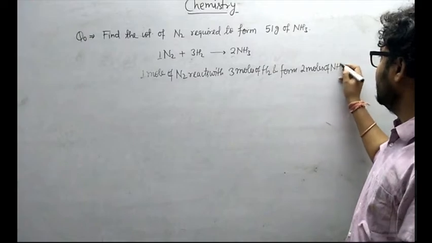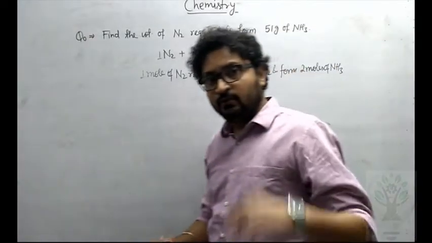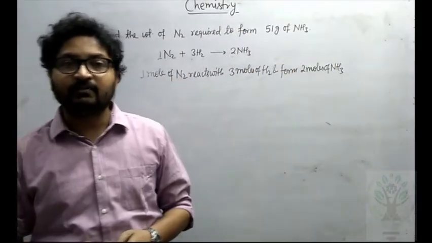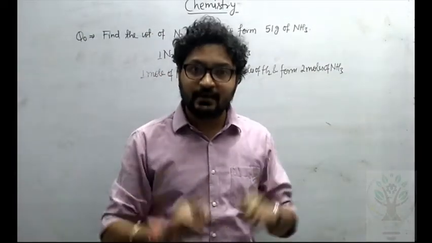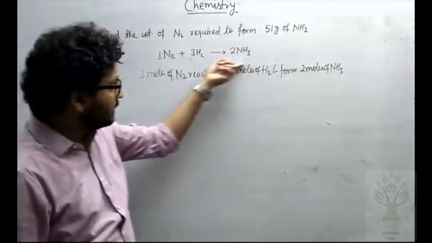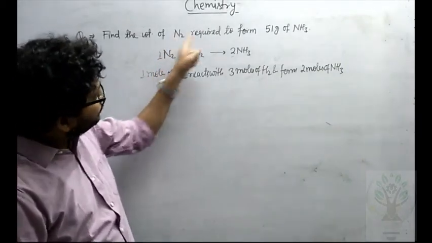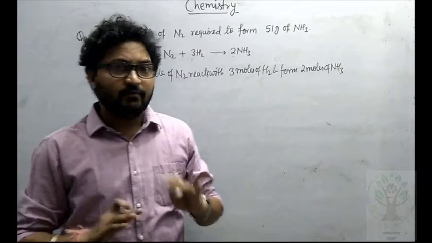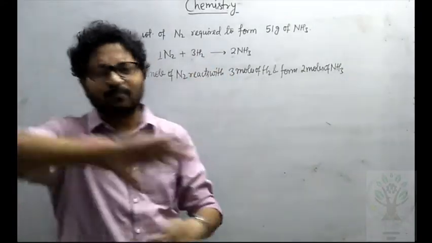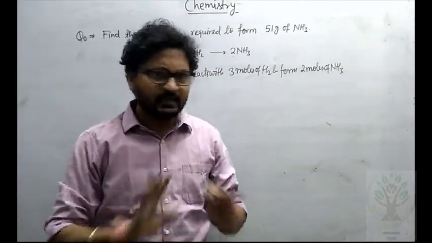Are you getting this? Means whenever 1 N2 and 3H2 react, they form 2NH3. This is a relation. Where is it written? Here. Okay. Now, we have to relate what? N2 with NH3. We don't have to relate H2 here. So let's remove H2. We don't need H2 here.